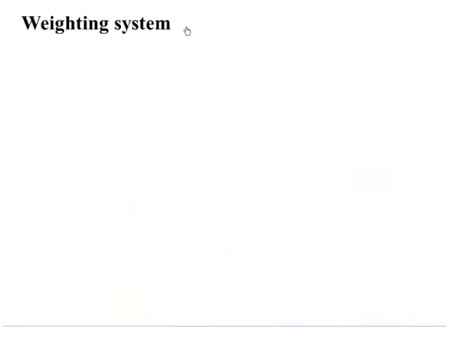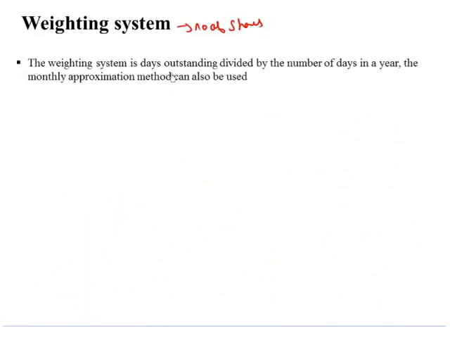So let's understand the weighting system for the calculation of the number of shares a little better. As we studied in the previous example, it is essentially the number of days that the shares have been outstanding divided by the total number of days in the year. That is the weight that will be applicable to each share.